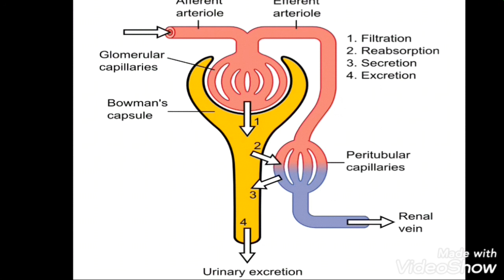The filtrate is called the glomerular filtrate. Both essential and non-essential substances present in the blood are filtered. That means the essential substances are also filtered by the Bowman's capsule, so they should be reabsorbed by the body. That takes place in the proximal and the distal convoluted tubules.